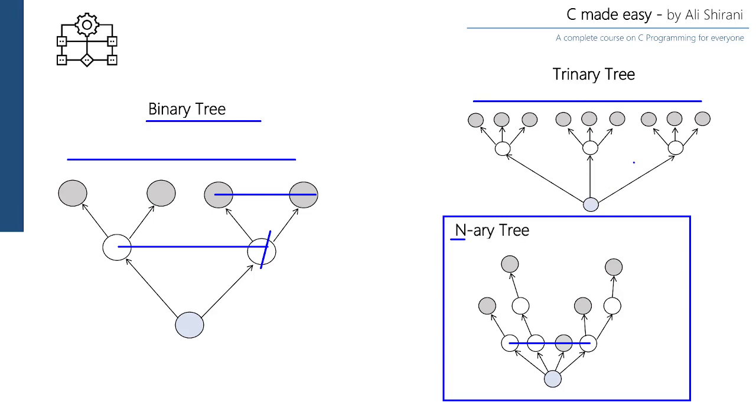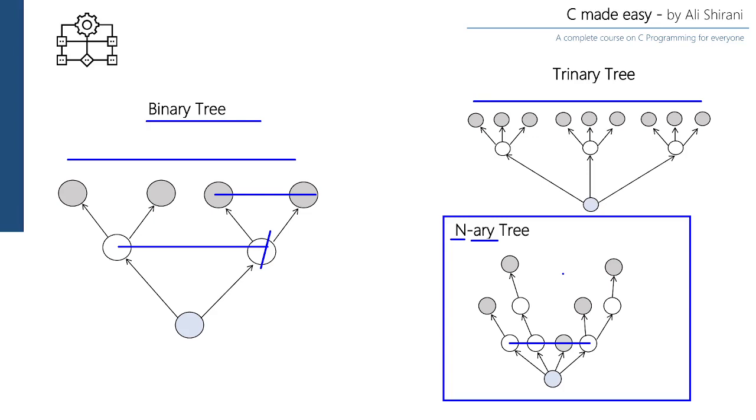If they go beyond 2 and 3, then we call it n-ary trees. It is not usually pronounced, but if you want to pronounce it, fine.